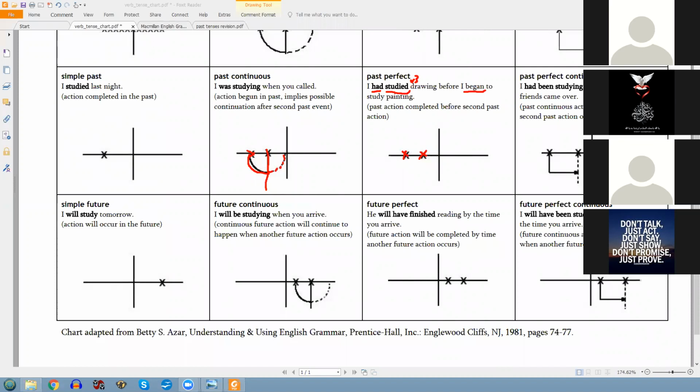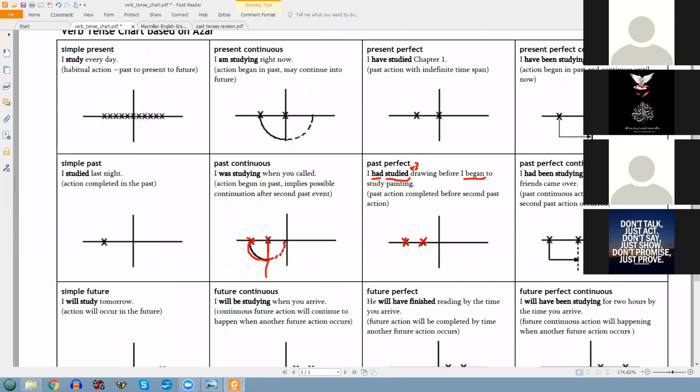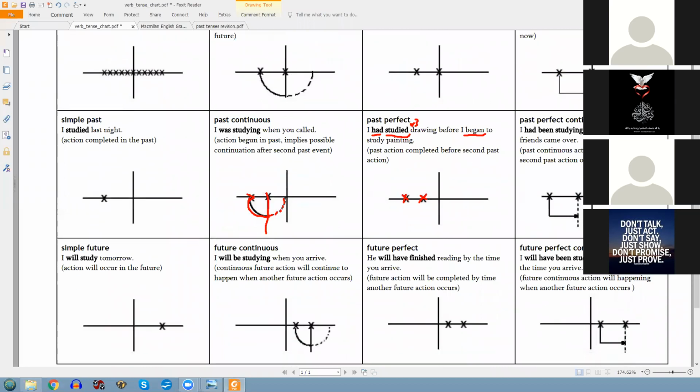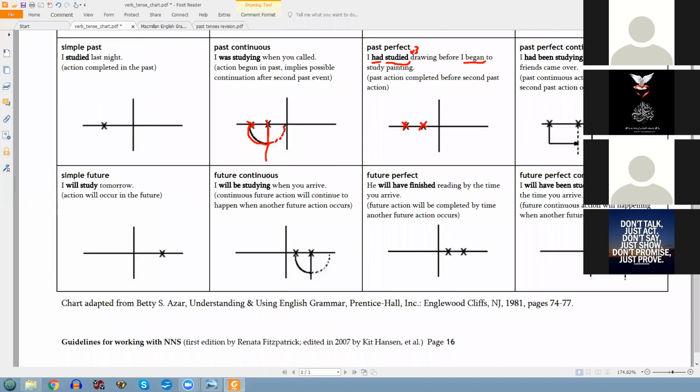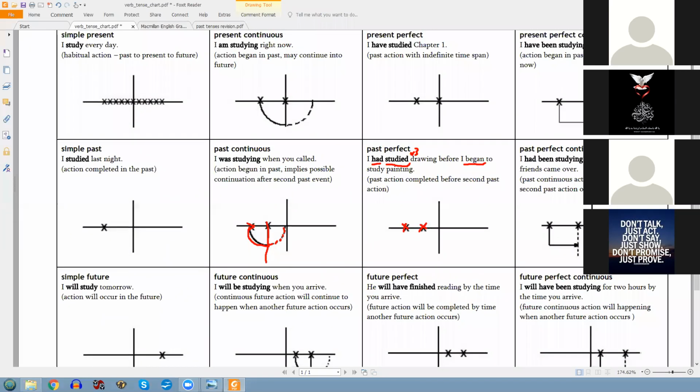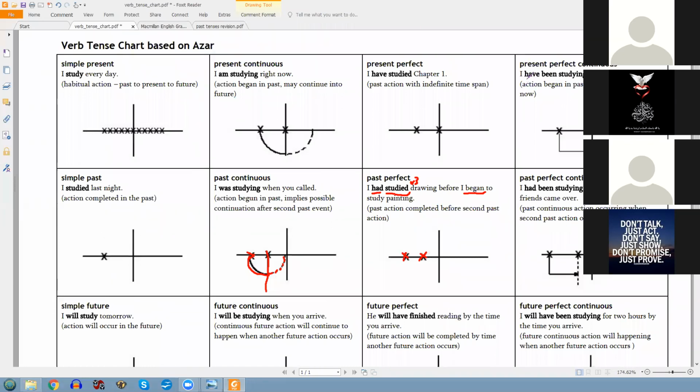Okay, now another one. What about past perfect continuous? Does anybody want to have a go? If you look, you will see present perfect continuous, past perfect continuous, and future perfect continuous. Here's a clue. All three of these are to emphasize the amount of time that you spent on an action.